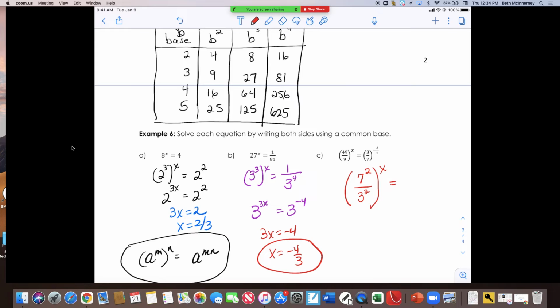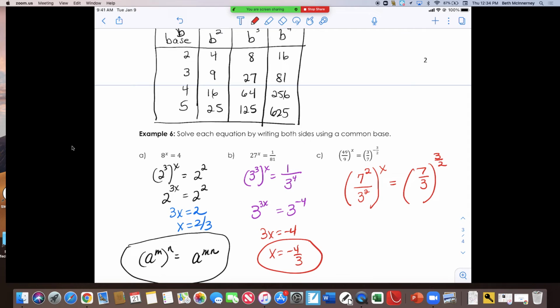When I have a fraction to a negative exponent, you can actually flip the fraction and make it a positive exponent. Let me say that again. It's tricky. When you have a fraction to a negative exponent, you can flip the fraction and make the exponent positive.